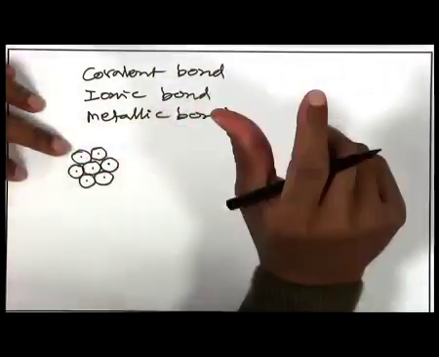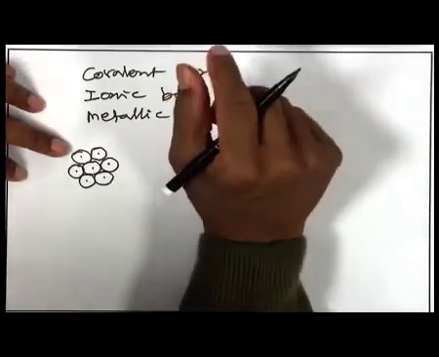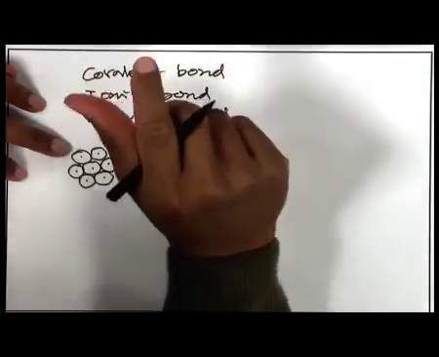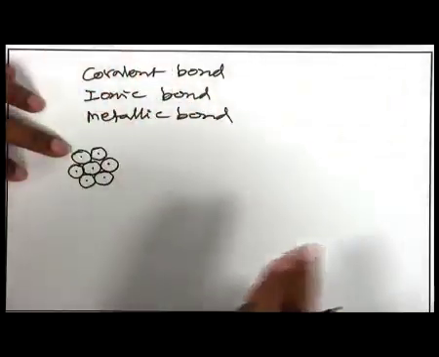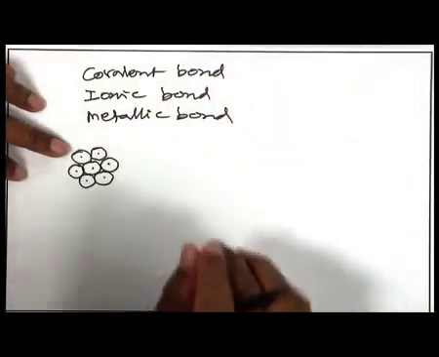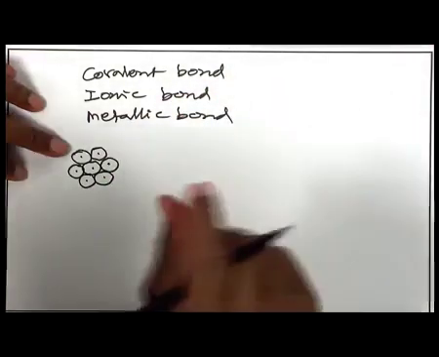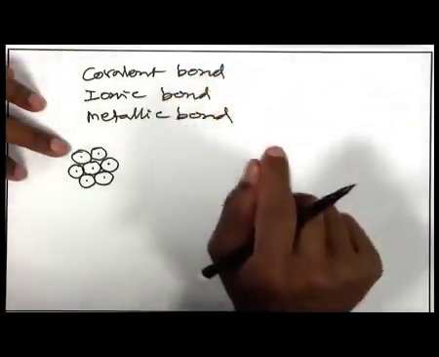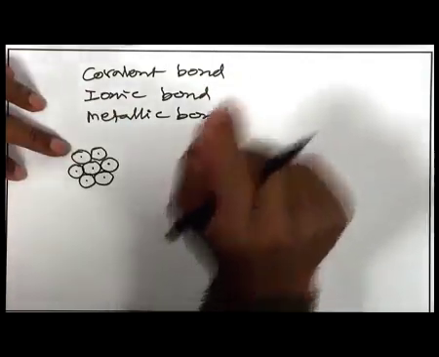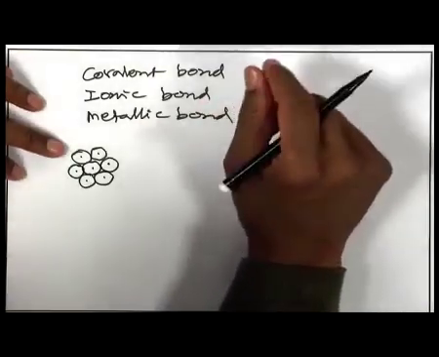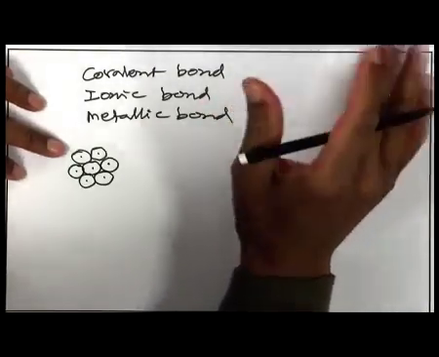Such shared electrons are not located between two atoms, and they are actually moving around all over the metal. That creates a sea of electrons in which the nuclei are present. Because of the movement of these shared electrons among several atoms, metals have characteristic properties such as conductivity. It is a very good conductor of heat and electricity.